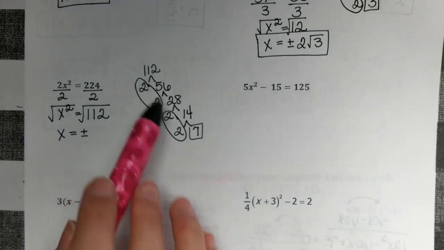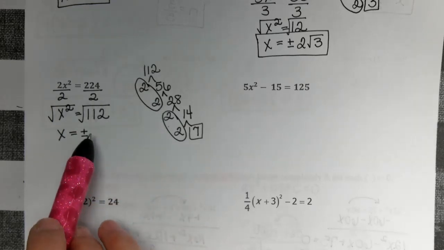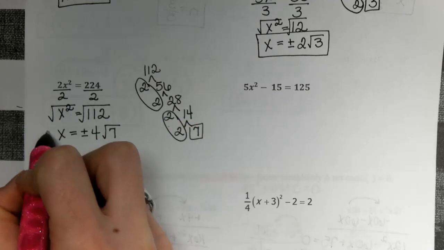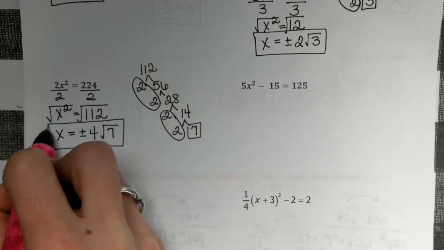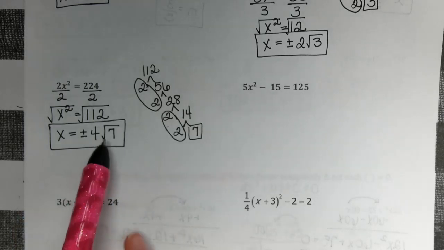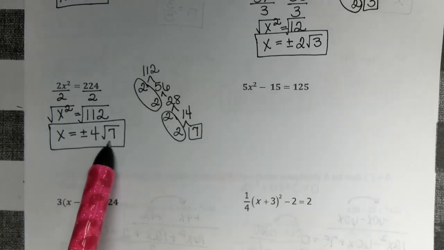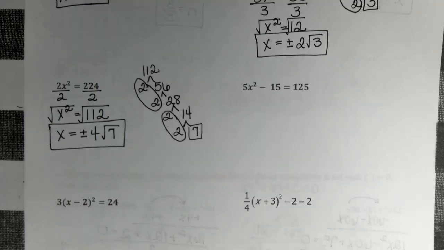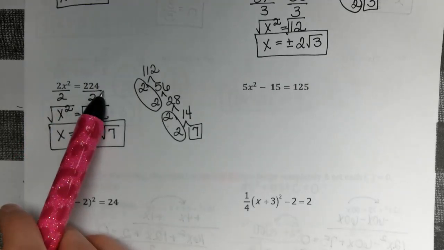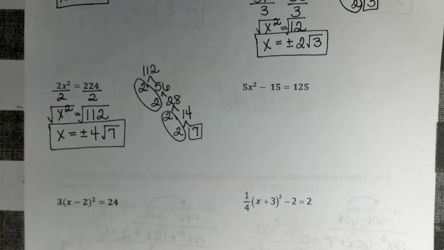So if I have 2 pairs of 2, what am I really taking out? 4 square root of 7. And even though that looks weird, I can still type 4 square root of 7, store it for x. I just get a decimal. It stores the decimal value. Type in your 2x squared, it will give you a 224. Okay?